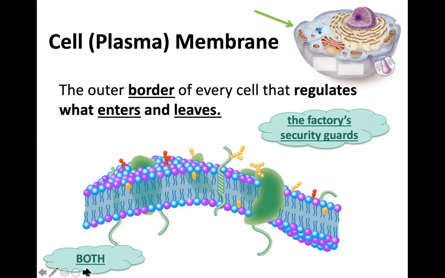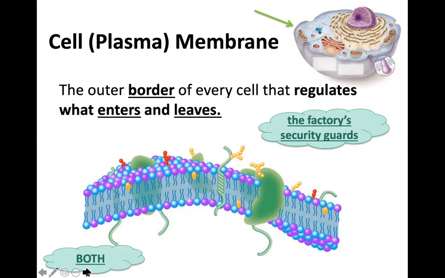Phospholipid bilayer. Lipids. If we remember back to lipids, just a few days ago, lipids make up the cell membrane. We'll talk more about this when we get to the cell membrane in a few days. This is comparable to the factory security guards because they are who allow things in and out of the factory.